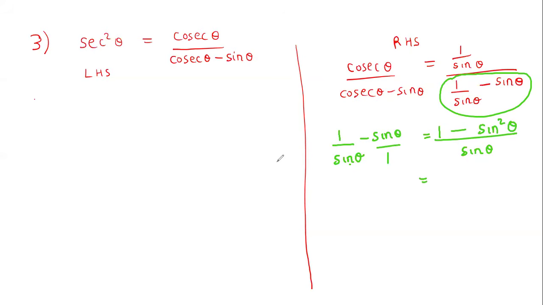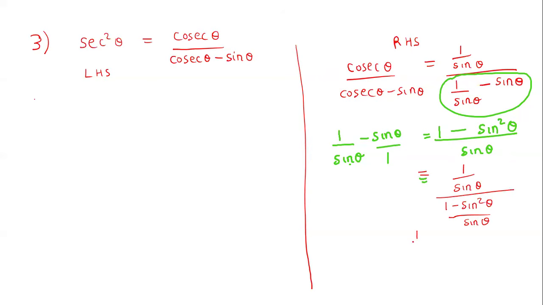Now, mathematically, this is what we are going to have. So we are going to substitute. You are going to allow me that the denominator, I will substitute with that. So here we shall continue having 1 out of sine of theta divided by 1 minus sine squared of theta out of sine of theta.